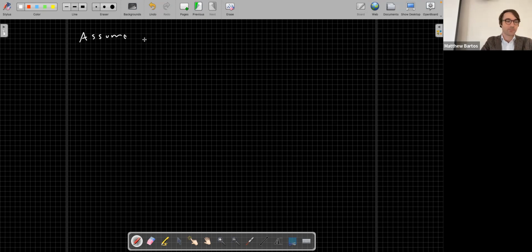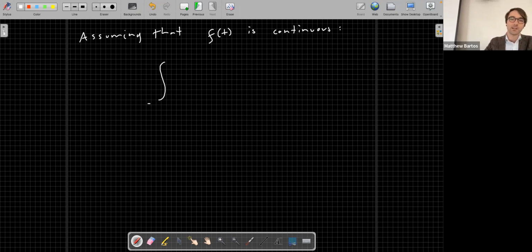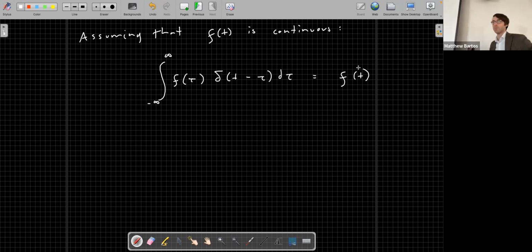Great. So an important property of the Dirac delta, this is a really important finding. Assuming that some function f of t is continuous, then the integral, if we evaluate from time negative infinity to infinity of f tau delta t minus tau, where delta is our Dirac delta, d tau, this spits back out your function f at time t.